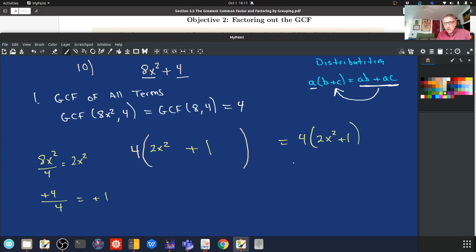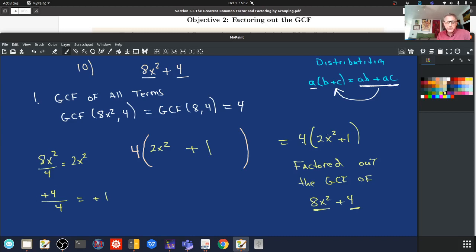And this is called, we have factored out the GCF of 8x squared plus 4. So as long as the GCF of these two terms here is greater than 1, then this factorization will always be a non-trivial factorization.